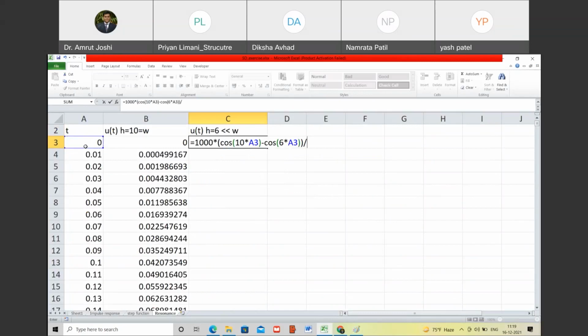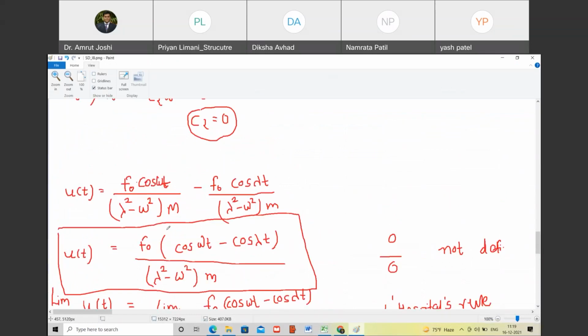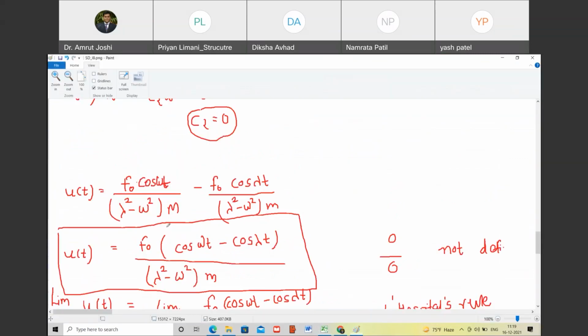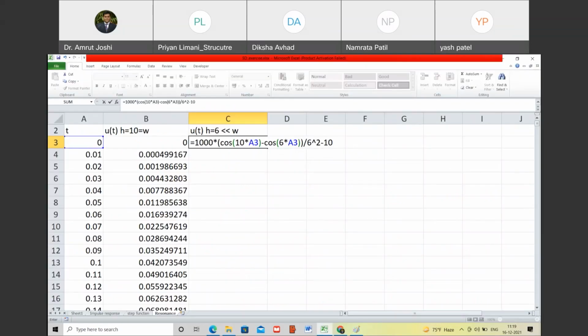This divided by lambda square minus omega square. So what is lambda? 6 square minus 10 square, and then divided by m as well. M is 100 kg. This bracket is not required.